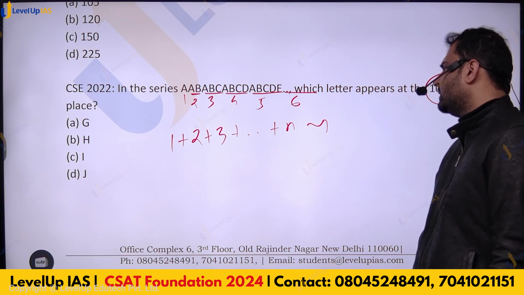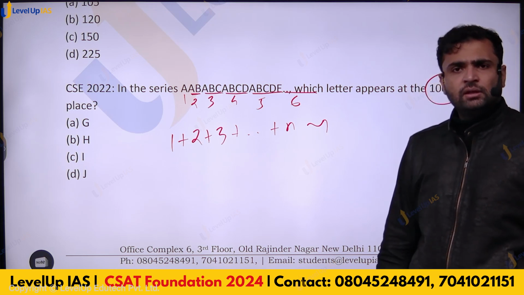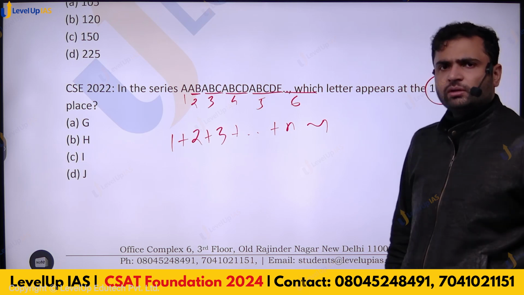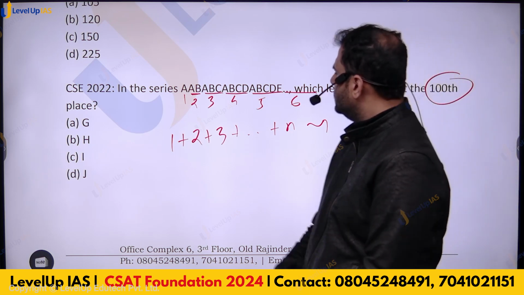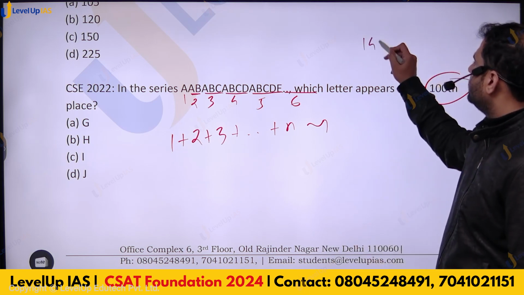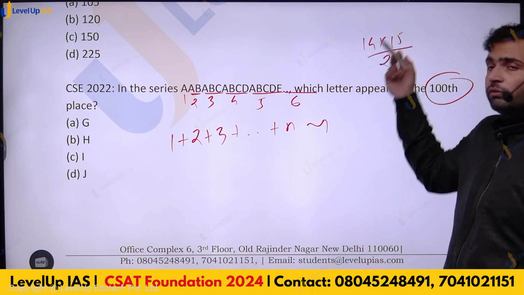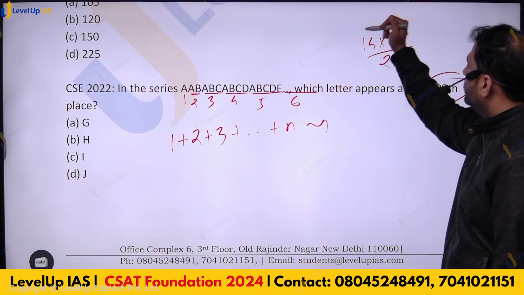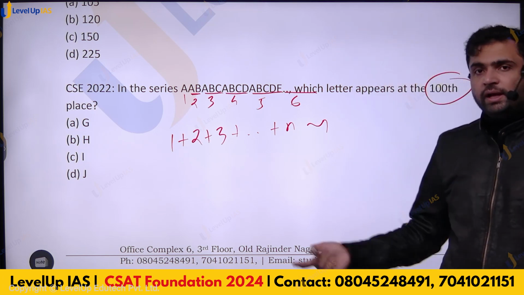So if I put n equal to, let us say, 10, then the sum is 55. So still a lot more to go. If I put n equal to 14, what happens? 14 into 15 by 2 is 105. So we have gone beyond 100. So n is equal to 13.